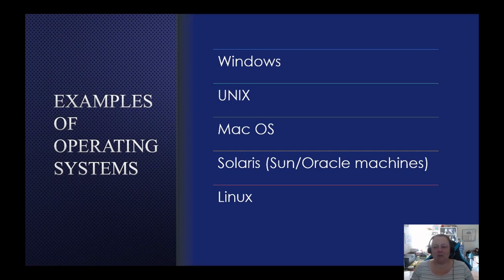Unix is typically used with much larger computer systems, but it can be used for PCs as well. Unix is going to provide the basis for the next couple of operating systems that we have. A Mac OS runs on Apple machines, and a Solaris operating system runs on Sun Microsystem machines. Now it's owned by Oracle, so they're called Oracle machines.